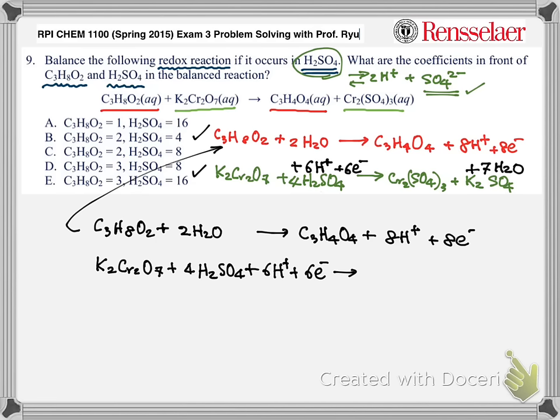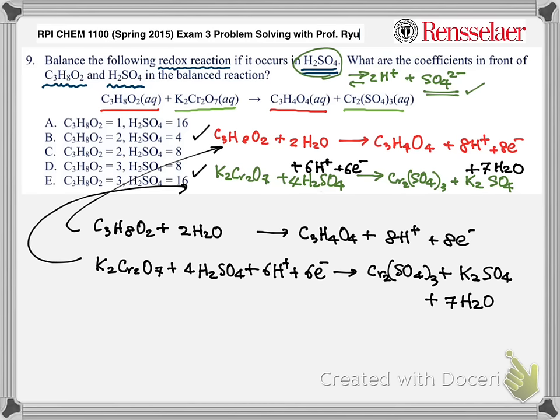That will balance out, and that will be Cr2(SO4)3 plus K2SO4 plus 7H2O. Okay, so that will be the second one, right? So let me delete this arrow. So now what do I do?